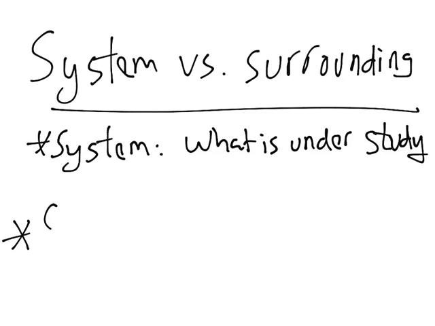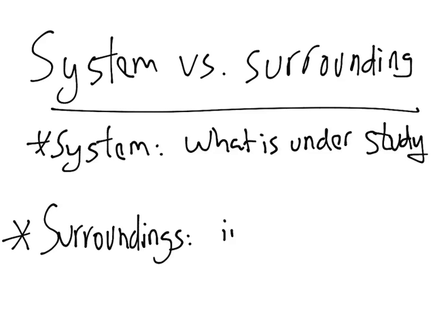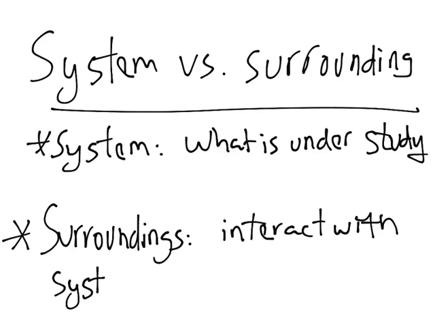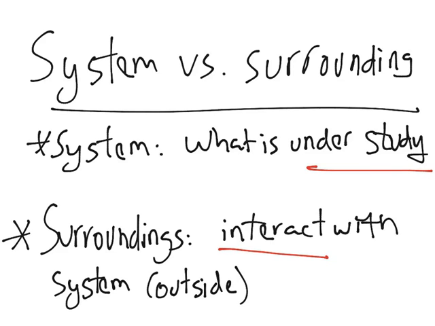Now the surroundings represent the stuff that interacts with our system. So interact with the system. And of course they are outside of the system. So outside. So keywords: interact versus study.